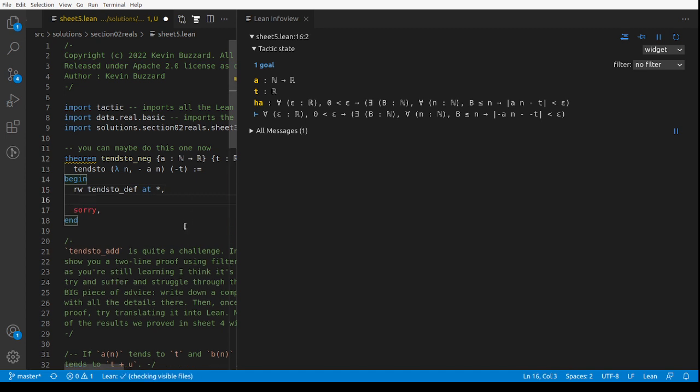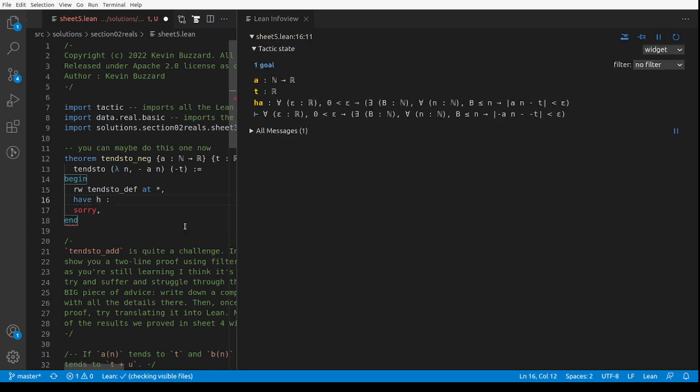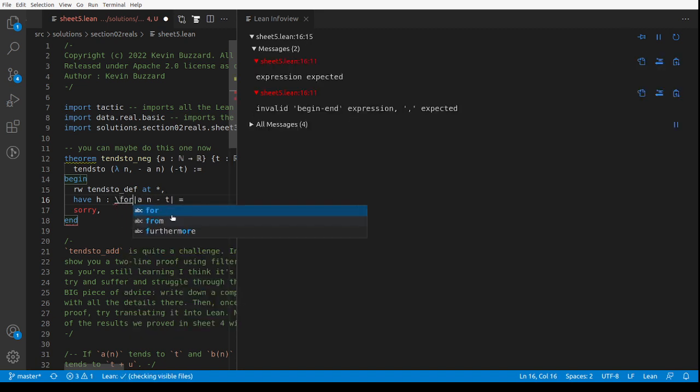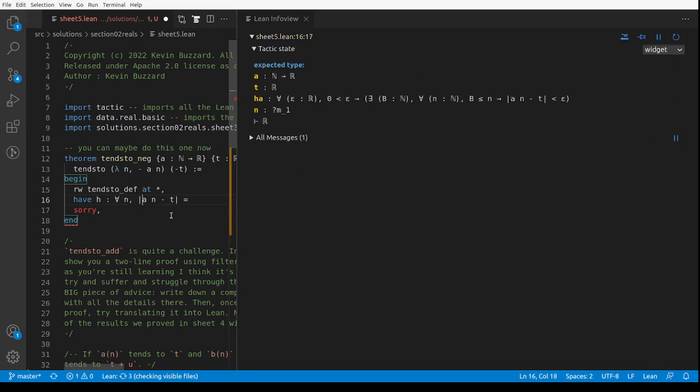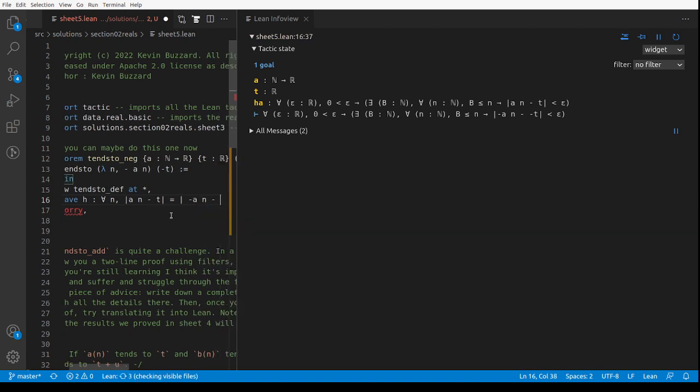So let me make that hypothesis now. Have h: for all n, the absolute value of a n minus t equals the absolute value of minus a n minus minus t. It doesn't know what n is, you see there's a red underscore. I may as well just write exactly what it was.